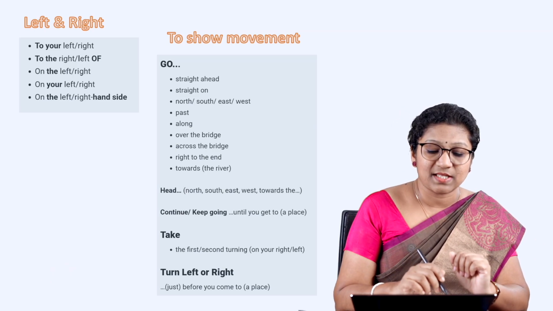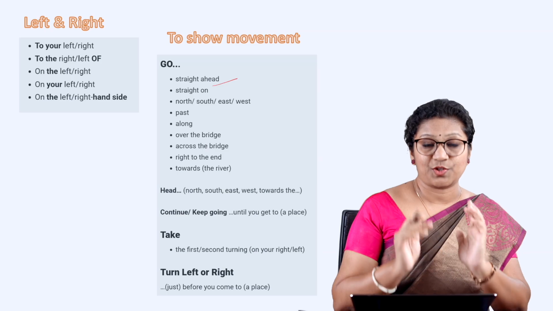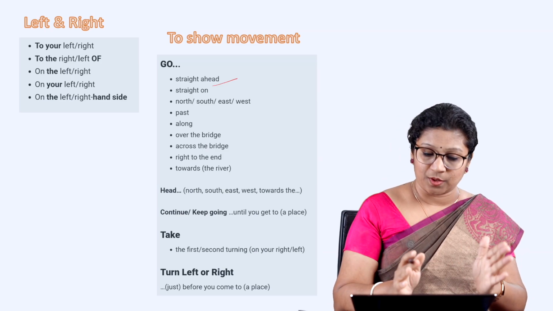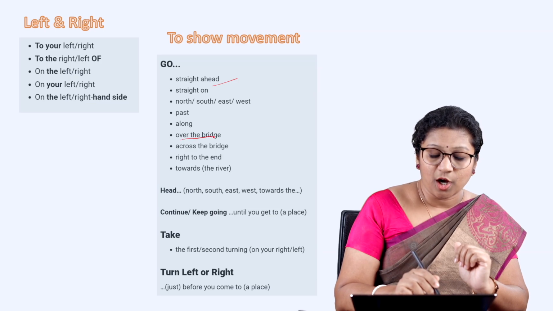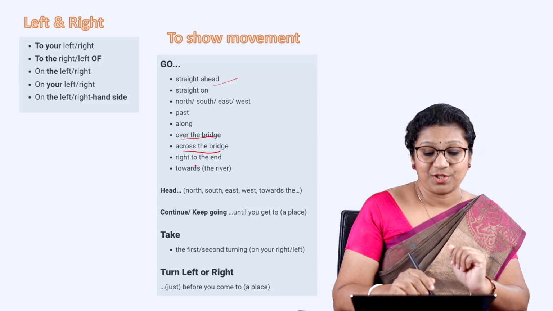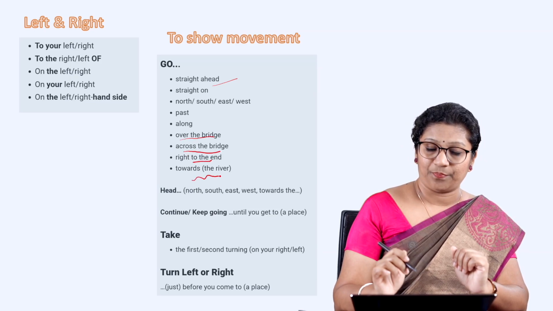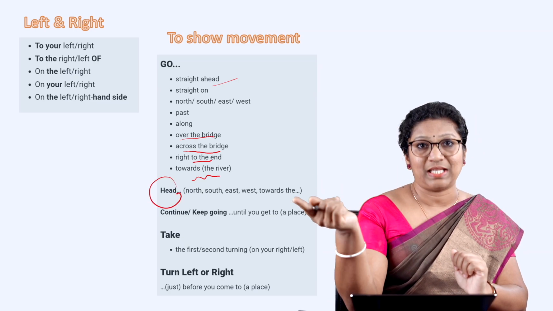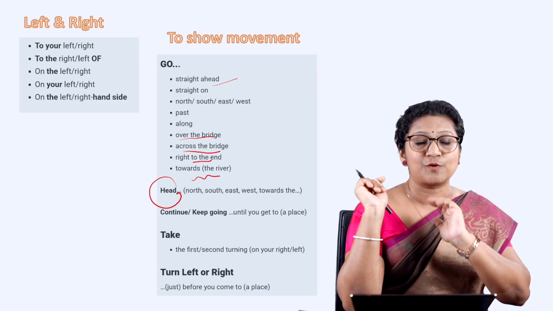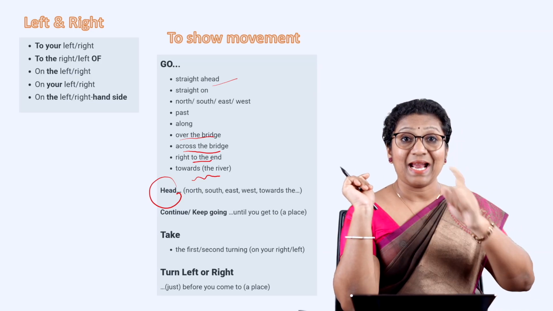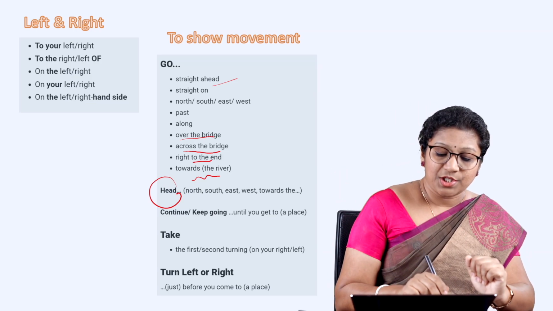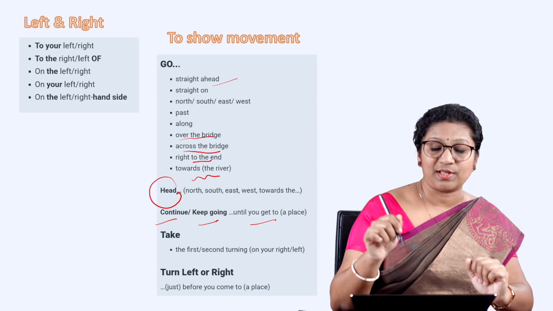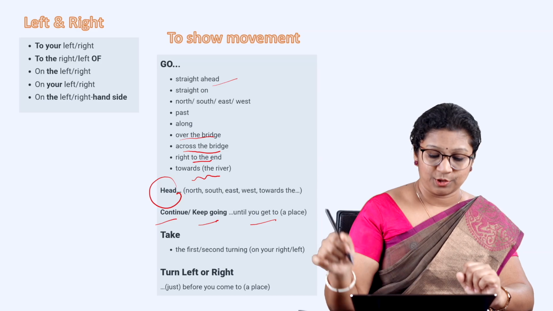For example, it says go straight ahead or straight on, go north, go past, go along, over the bridge, across the bridge, right to the end, towards the river, or it also might say head north, head northeast. Instead of go north or go straight, it could also be head northeast. Or continue, keep going until you get to, maybe until you get to the end of the road.